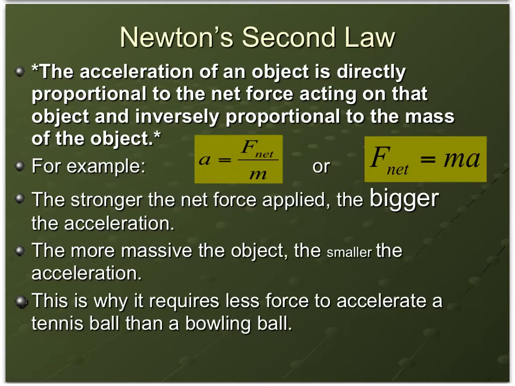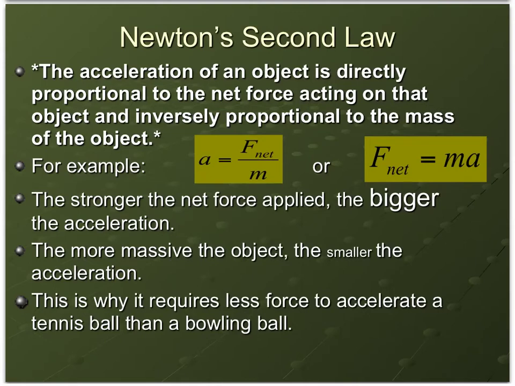Also, the more massive an object, the smaller the acceleration. So that would be making this bottom number a lot bigger. We would be dividing by a bigger number, and therefore, mathematically, we're not surprised that we get a smaller acceleration. And if you think about that, that should make sense.